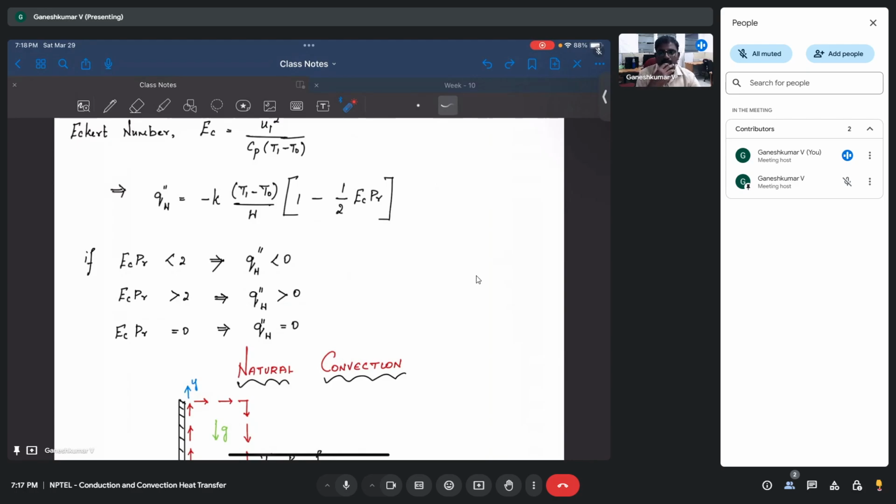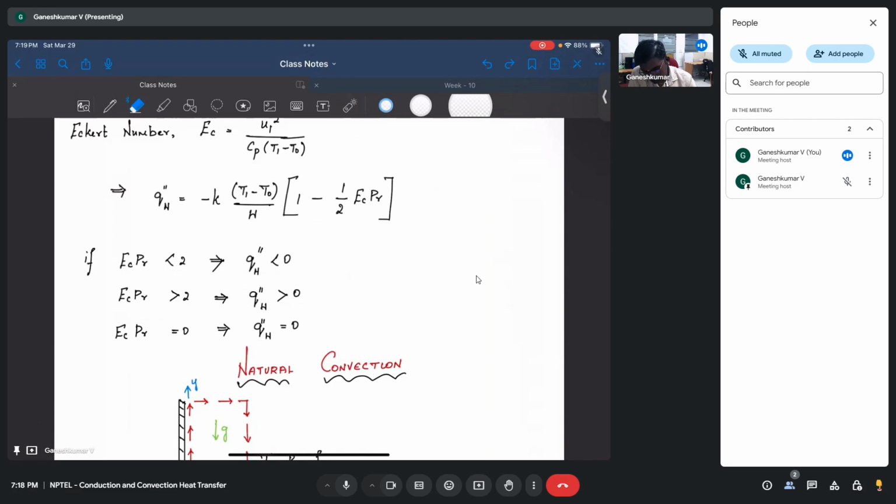Yeah. So even when there is a temperature gradient, because of Eckert number times Prandtl number is 0, I guess... it is not 0. There is something wrong here.